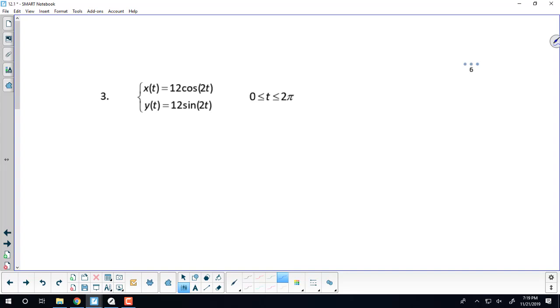The center is at 0, 0, because we can look at it like this. What determines the radius? Yeah, the A, the 12. So one way we could just know that, and say, okay, this is a circle, radius of 12, center at the origin.